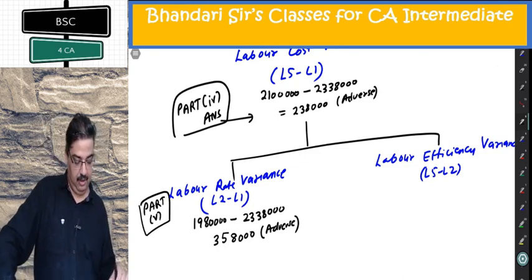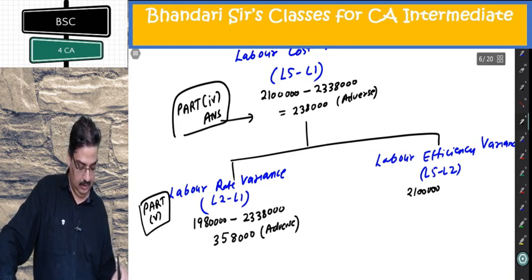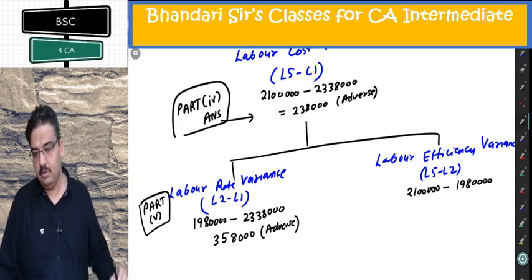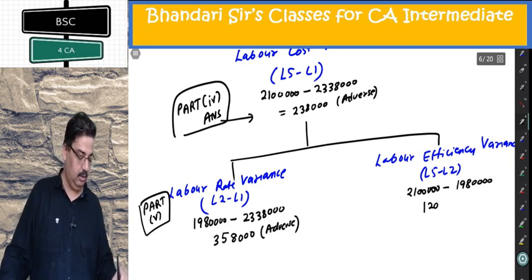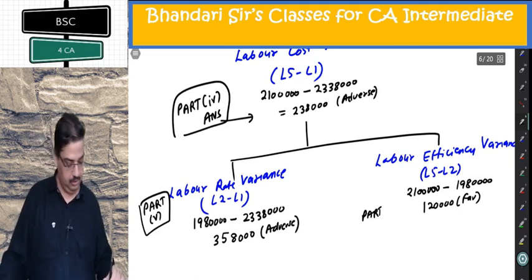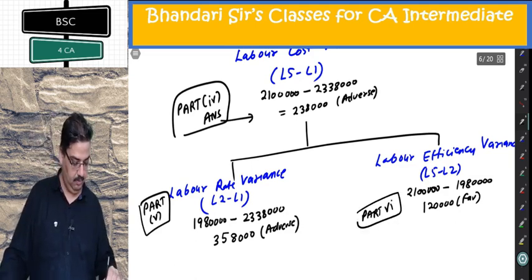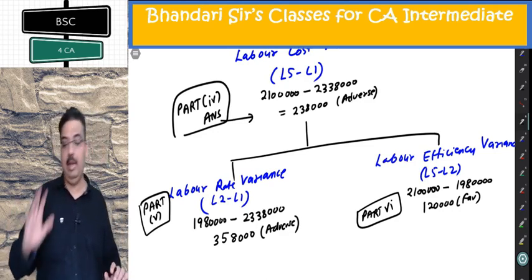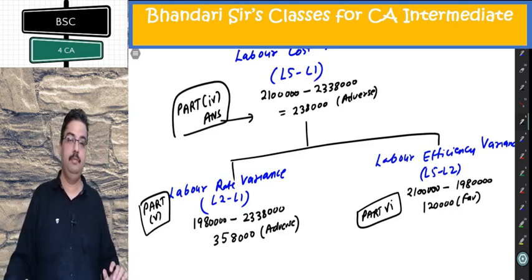And this is L5 minus L2, 21 lakh minus 19 lakh 80,000. So this is 1 lakh 20,000 favorable. This is efficiency, part 6 answer. So question is asking only material and labor category middle level variances, which we have done.